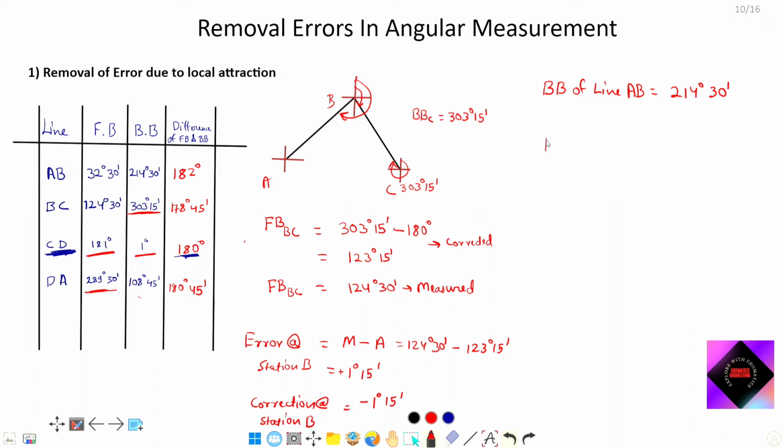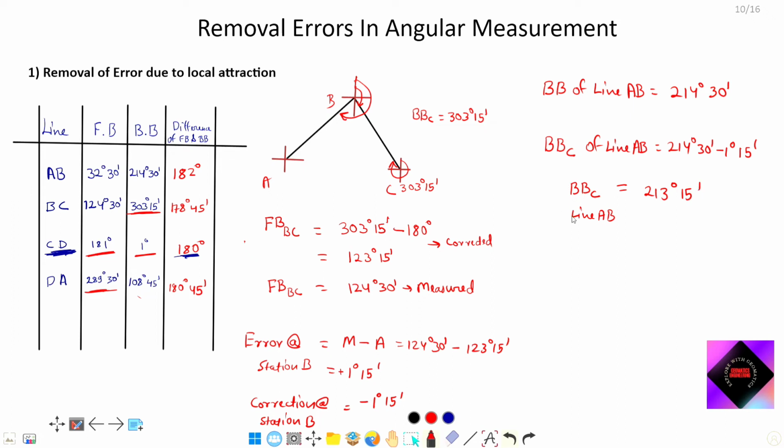So we provide the correction, minus 1 degree 15 minutes, and we get the corrected back bearing reading of line AB, that is 213 degree 15 minutes.